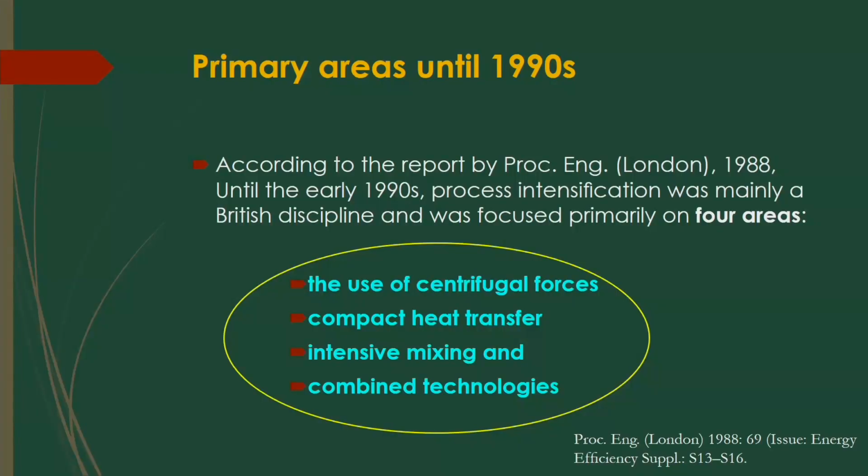So from then onward, the use of mercury for gold extraction is not being used as a process intensification. According to the report by Process Engineering London, after 5 years, in 1988, in the early 1990s, process intensification was mainly a British discipline, as I told you they were the king of this, and it was focused primarily on 4 areas.